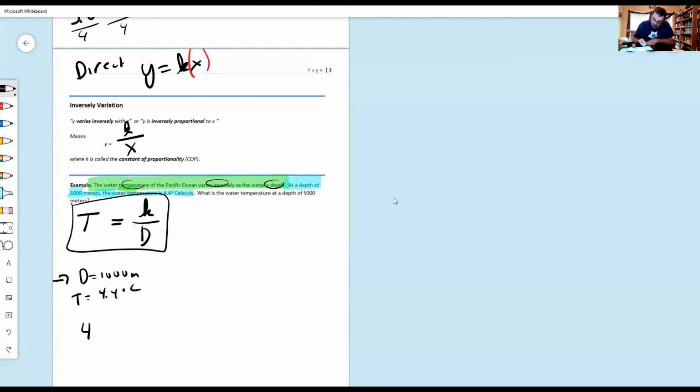So 4.4 degrees equals K over 1,000. To get rid of our fraction, we're going to go ahead and multiply by 1,000. So 4.4 times 1,000 equals K over 1,000 times 1,000.